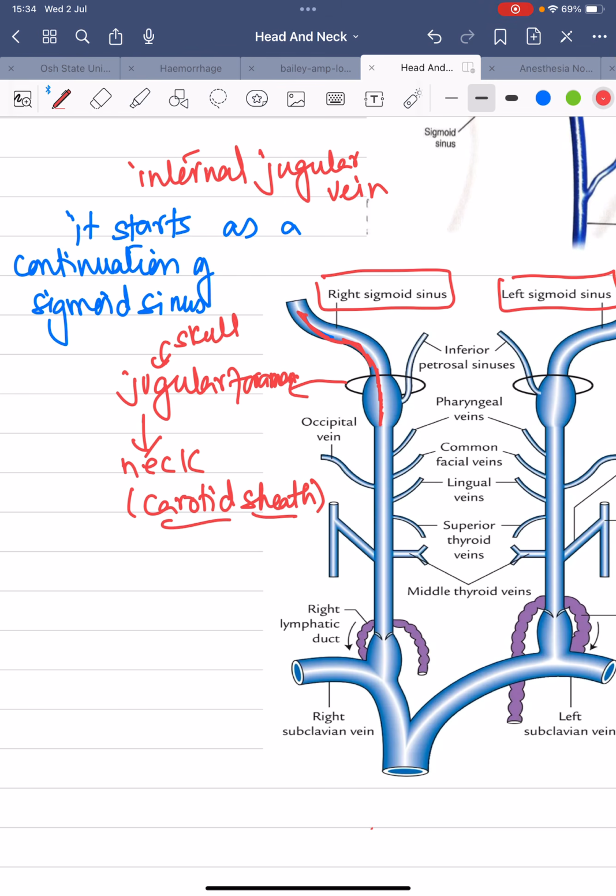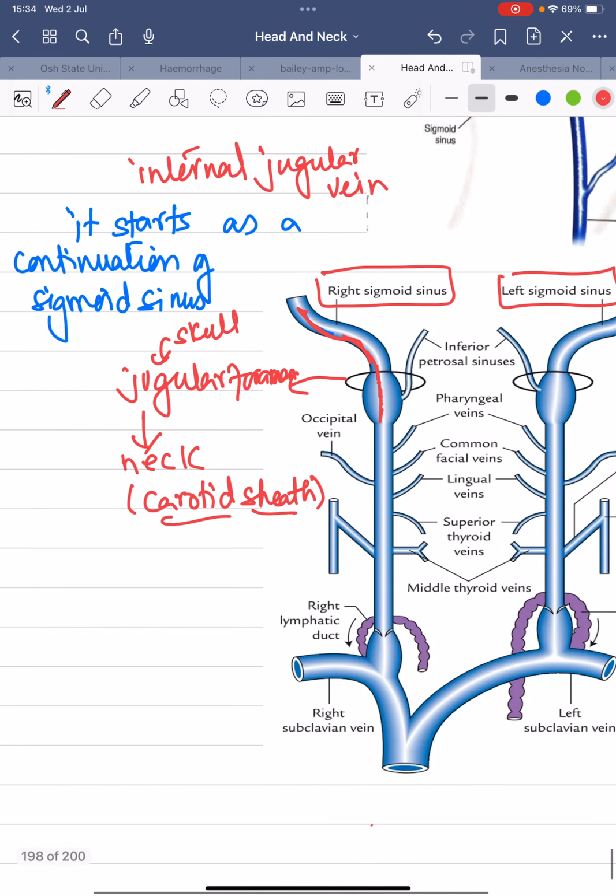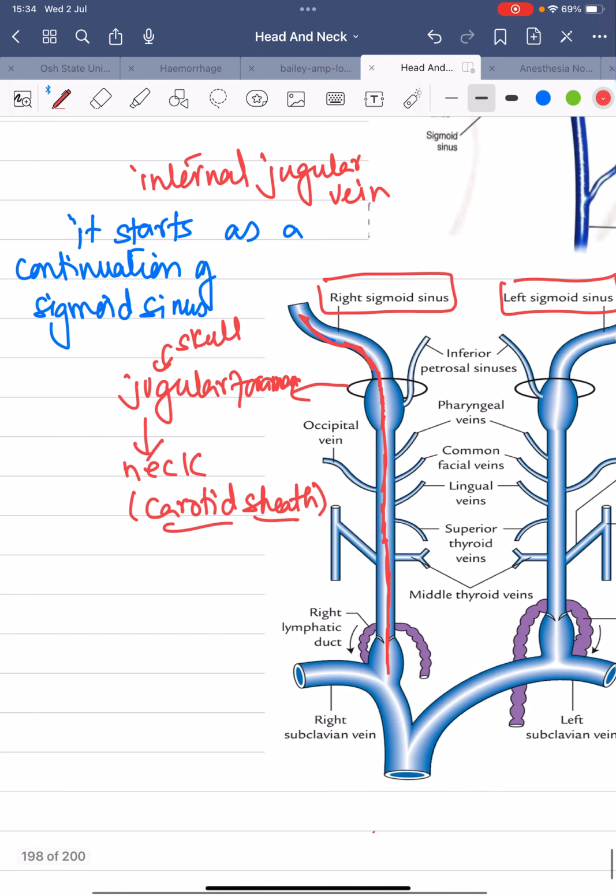Okay, so it is present in the carotid sheath along with your vagus nerve and your carotid artery. And then see here, it is going downward like this, and now it is joined here by this vein. This vein is known as the subclavian vein.